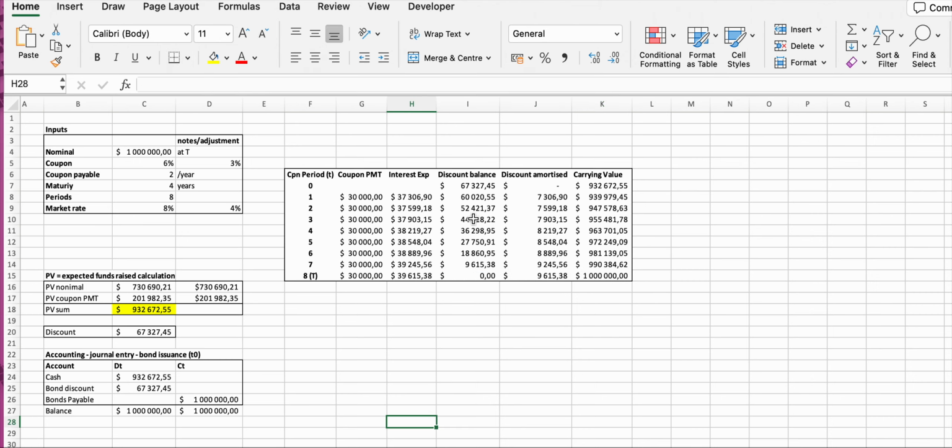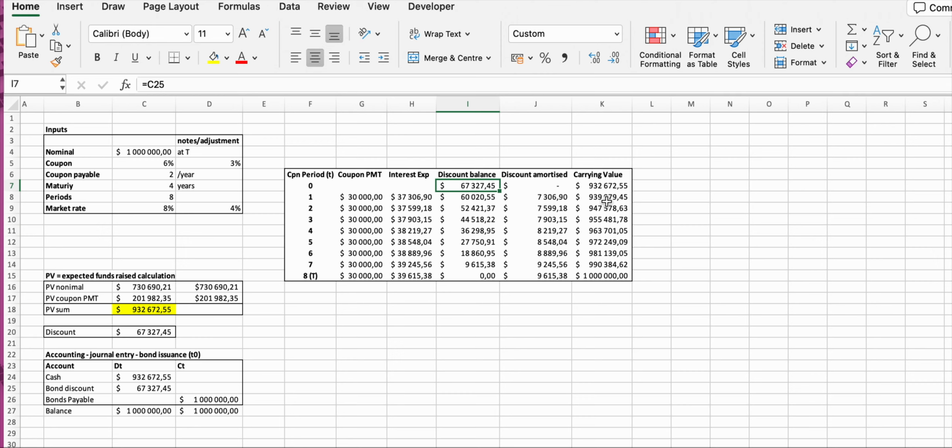And just to sum up what we've just done, we have the discount balance. We slowly amortize or reduce the discount balance by the difference between the interest expense and the coupon payment. This difference is slowly transferred from the discount balance to the carrying value of the bond.